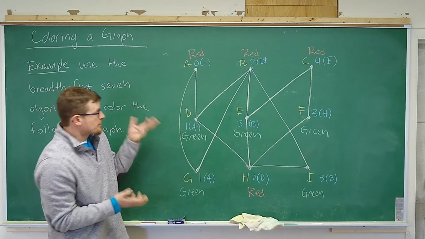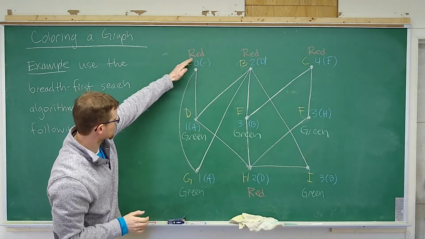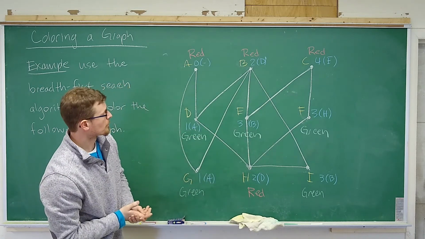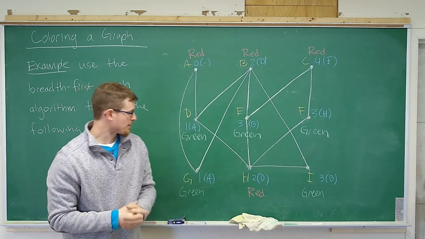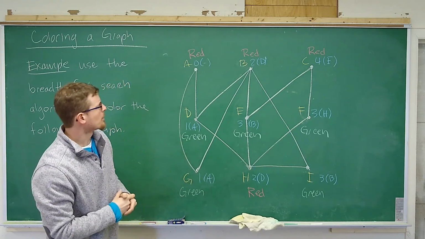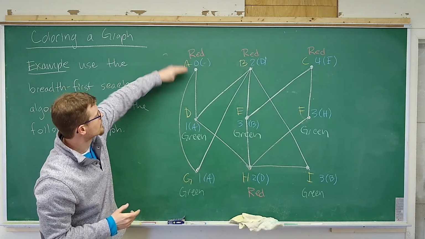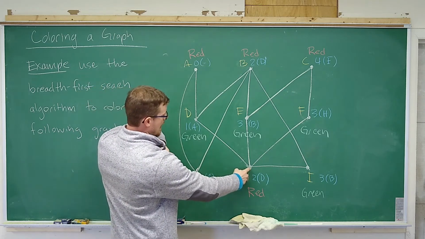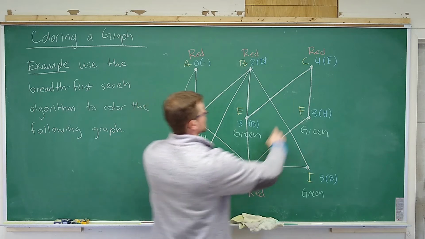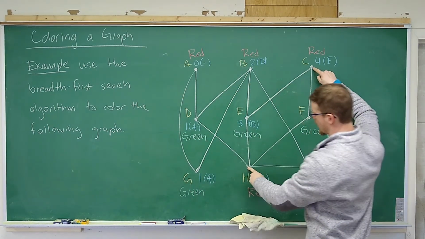So we can see that this has worked for us, right? Red is adjacent to green, red is not adjacent to any other red. So this works out very nicely for us. But how did this work? How does this really work for us? Well, if we were to consider the distance away from A, H is 2 away, and C is 4 away.